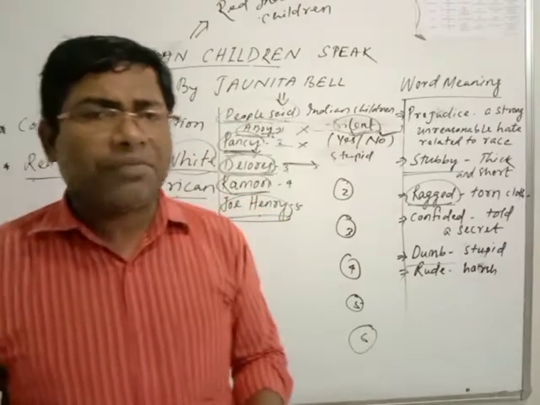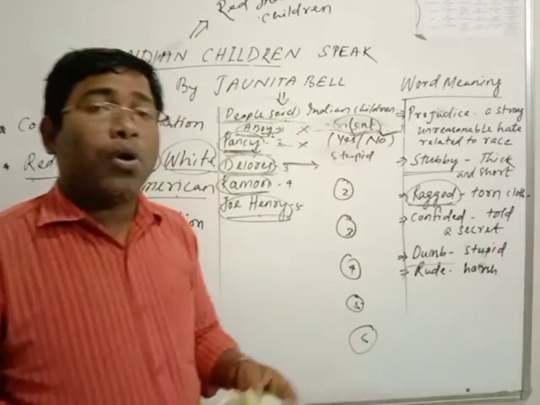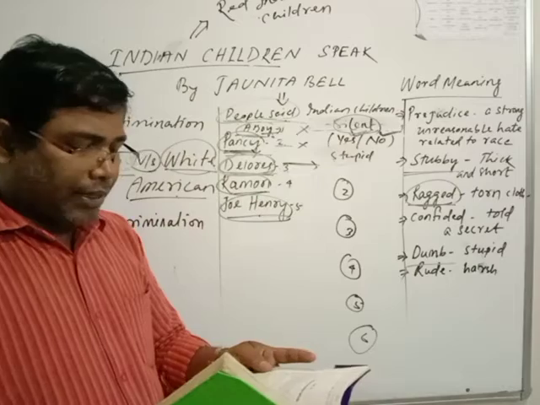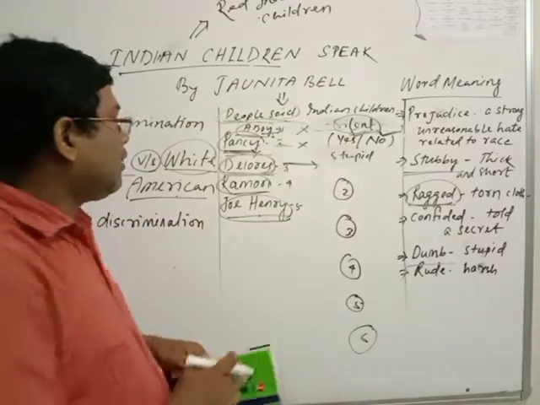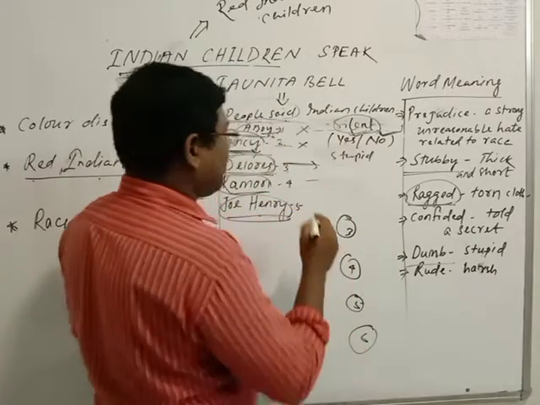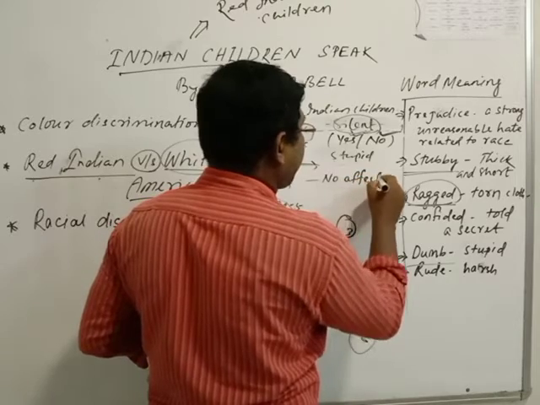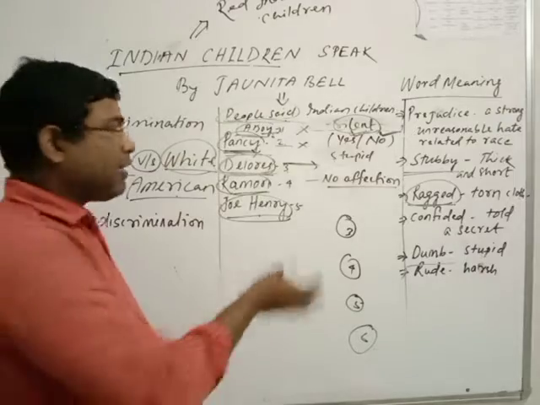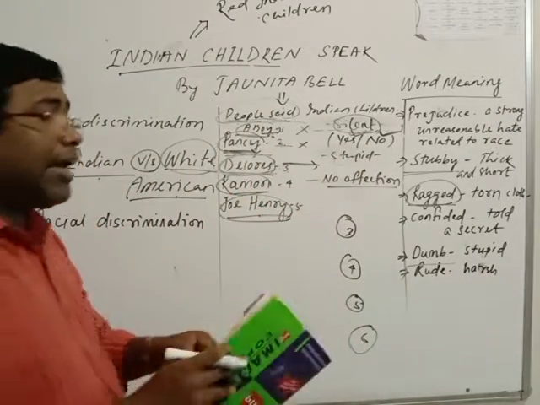Come to stanza 4. People say Indian children have no affection. They just don't care for anyone. The next stanza says they are very rude and have no affection. In the previous stanza, they are very stupid and they seldom make a reply.